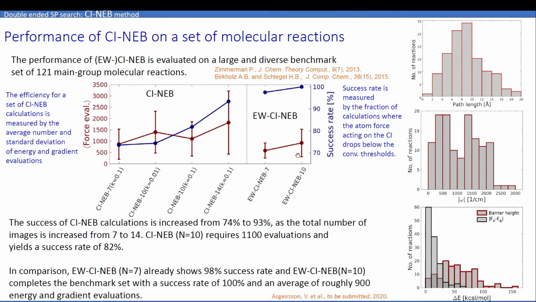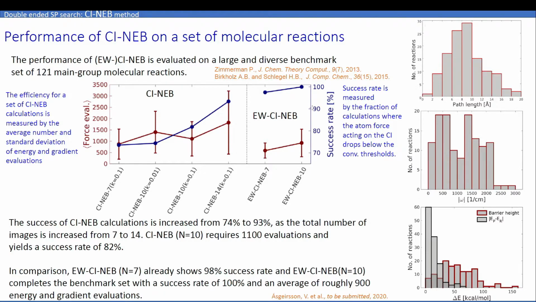We measured the efficiency for a set of clamping image NEB calculations by the average number of energy and gradient evaluations, shown by the red y-axis, and the standard deviation in the evaluation shown by the error bar. The success rate is shown by the blue y-axis and is measured by the fraction of clamping image NEB calculations that were successfully convergent.